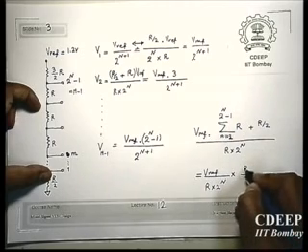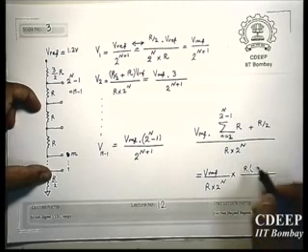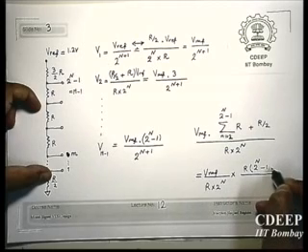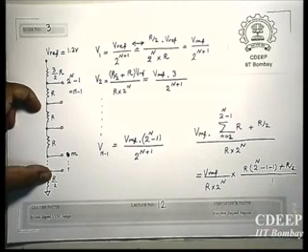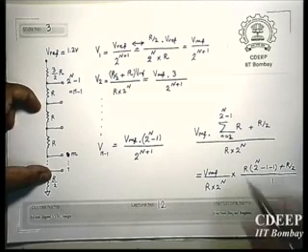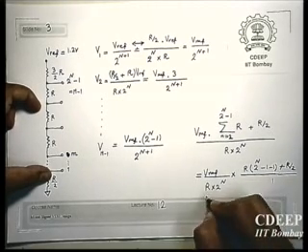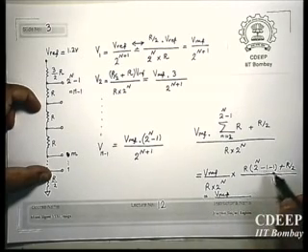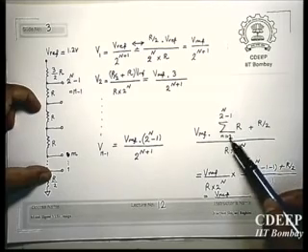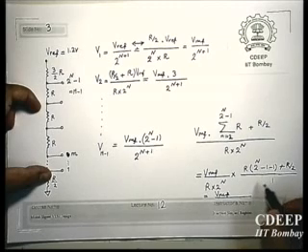So it will be R into 2 to the power n minus 1 plus R upon 2. Vref, this will be 2 to the power n minus 1 minus 1, so it will be 2 to the power n minus 2.